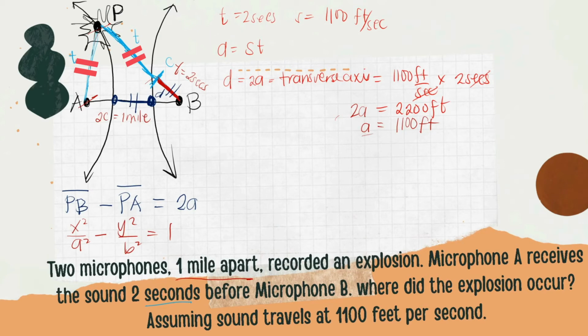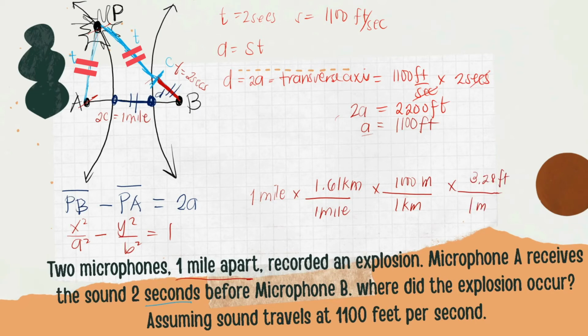So, 1 mile times, sa isang mile, meron tayong 1.61 kilometer. So, 1 kilometer, merong 1,000 meters. So, sa 1 meter, meron 3.28 feet. So, convert natin yung 1 mile into feet.